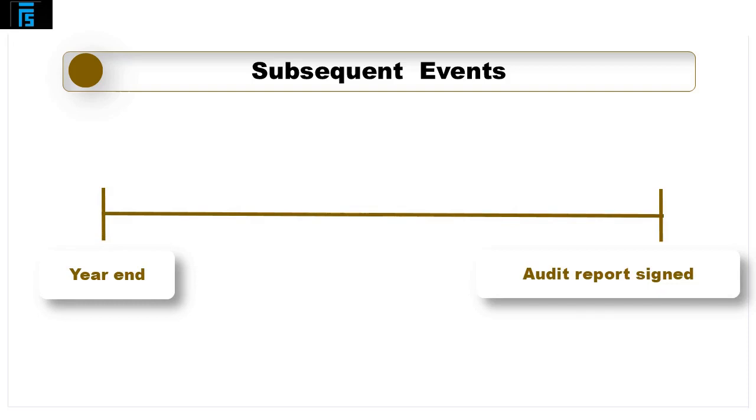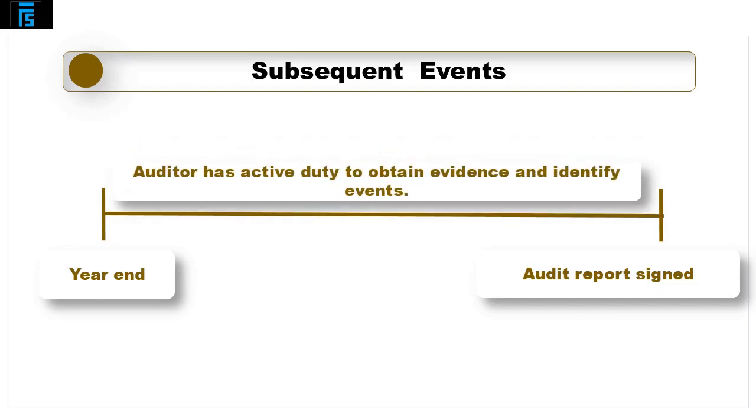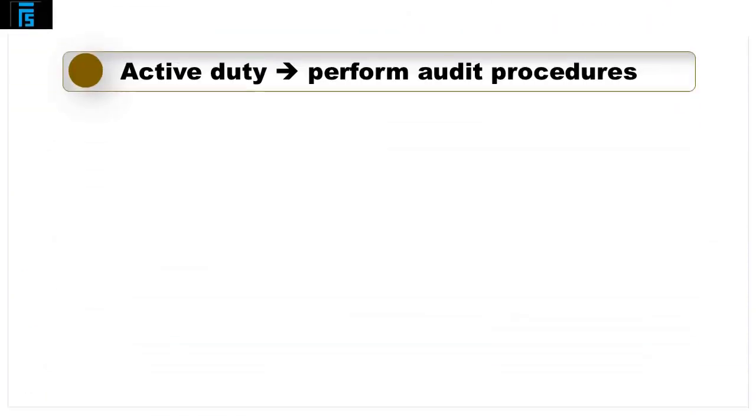During this period, the auditor has an active duty to obtain evidence and identify events which may need adjustment or disclosure in the financial statements. Having an active duty is to perform audit procedures.